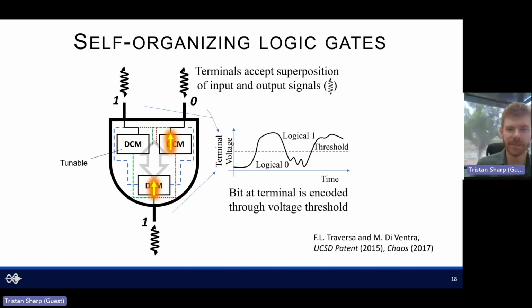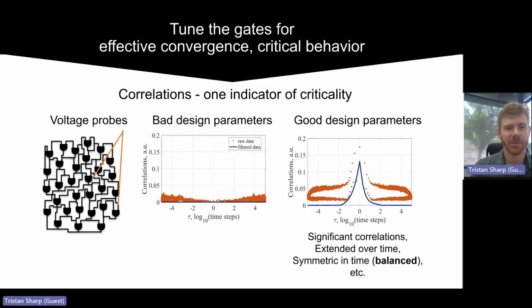So this aspect of tuning I need to explain a bit, and I'll give quite a bit of information on that. So tuning is adjusting those little tunable circuitry values. And so how do we tune? Well, you can look at a number of indicators, including voltage correlations in the circuit.